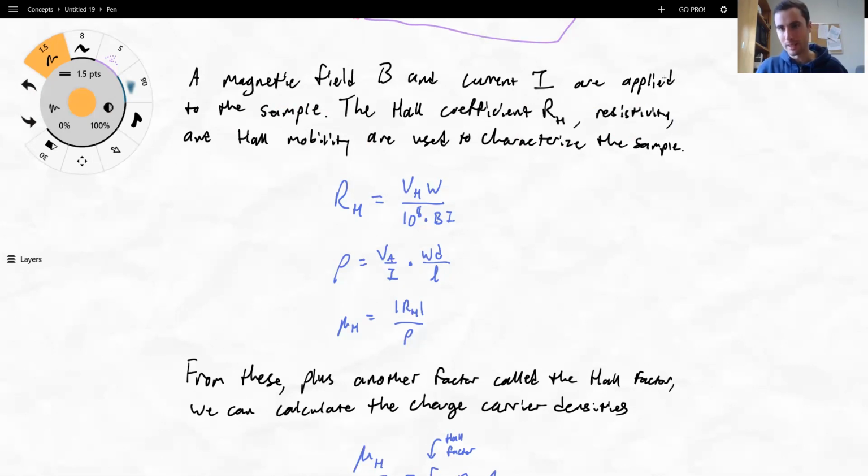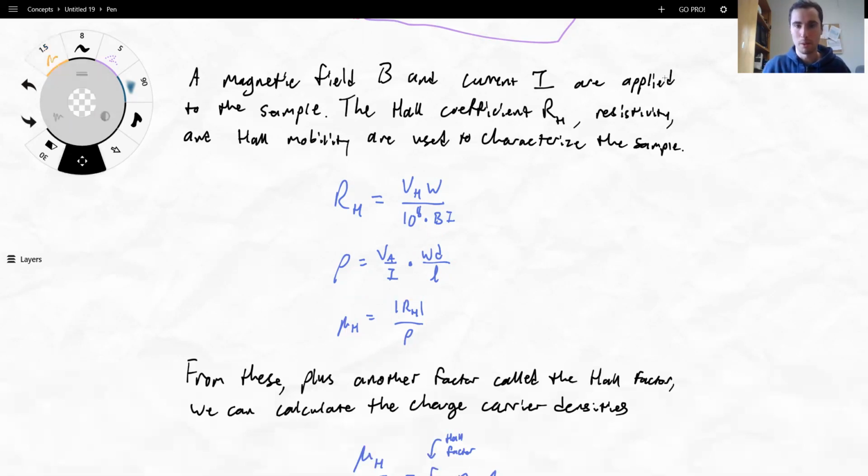So remember, the resistivity is like the resistance, which would be the V over I, over like the resistance density. So you're taking the resistance, and then you're also taking the volume of your crystal, and that's what's giving you that resistance density, which is what resistivity is. And then you can get the Hall mobility just by dividing the two.